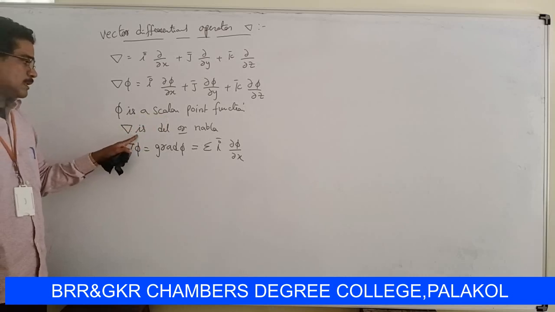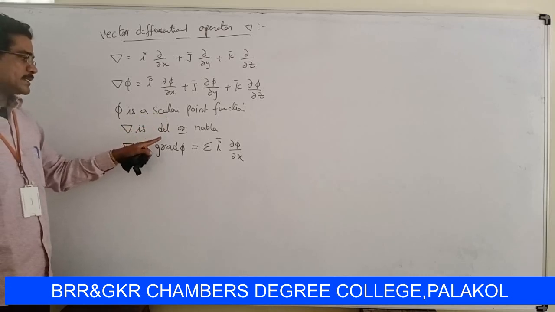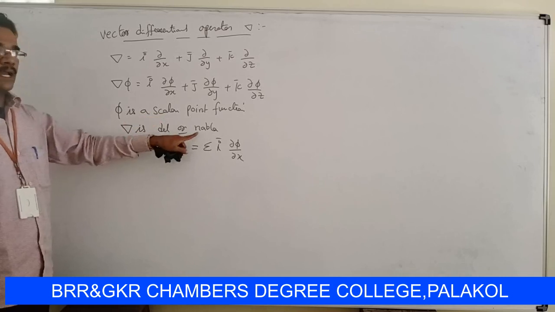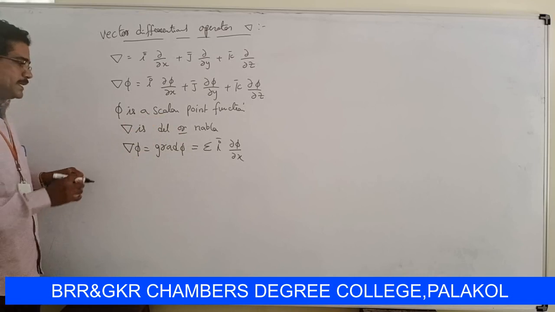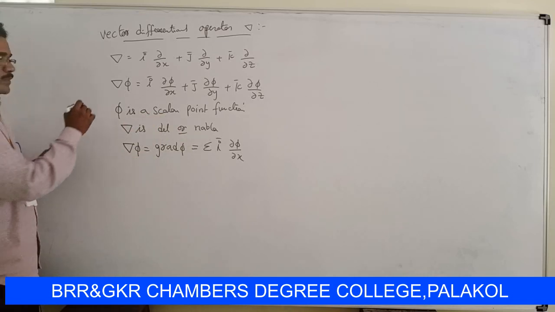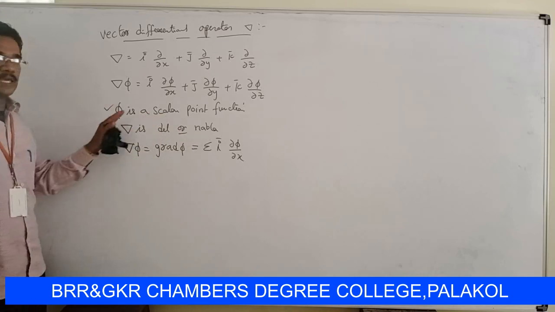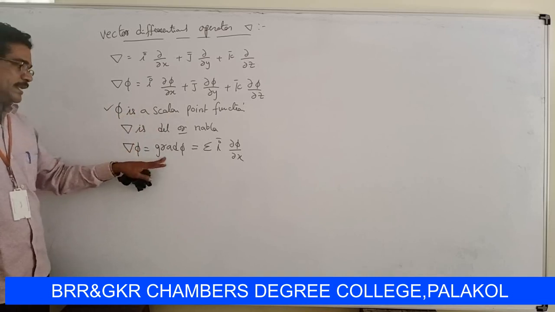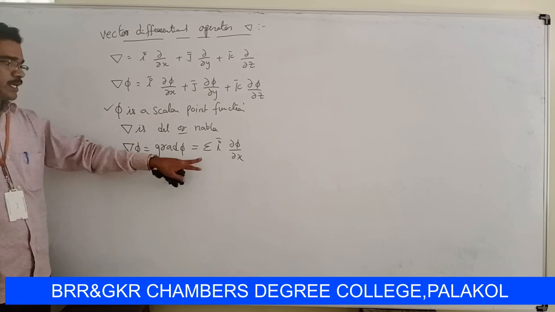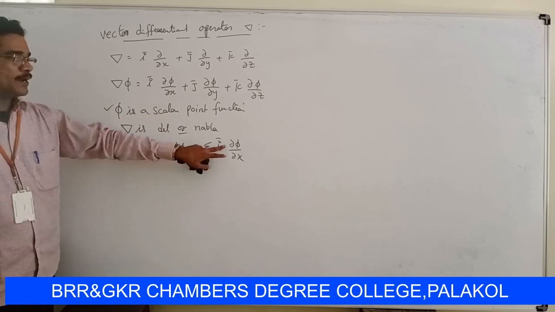Then the symbol is read as del or nabla. So if pi is a scalar point function, then del pi is written as grad pi, equal to symbolically sigma i dou pi by dou x.